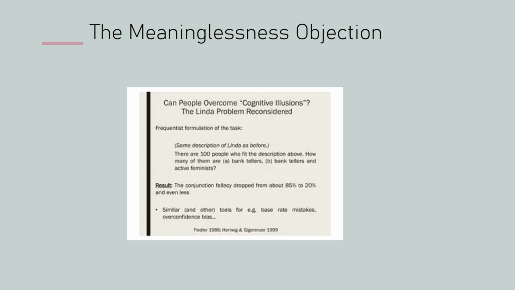Gigerenzer also points out that what might be going on with the Linda case is that people are using a conversational heuristic, which says the description of Linda is relevant to finding the answer. We often assume that information in our environment, if it's been presented to us right there, is relevant to what happens next. And so people are just assuming that the information they've been provided about Linda is relevant and operating on that basis.